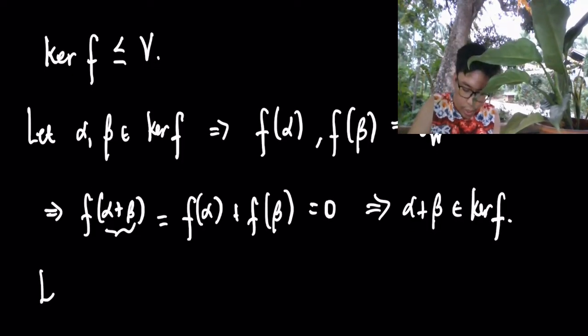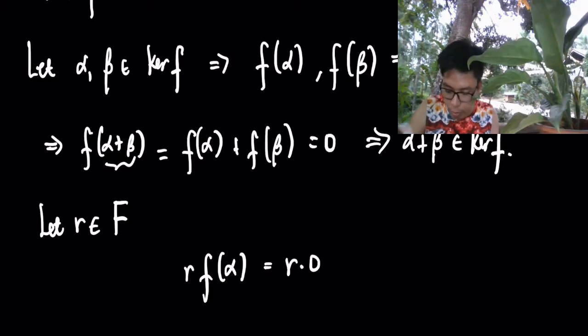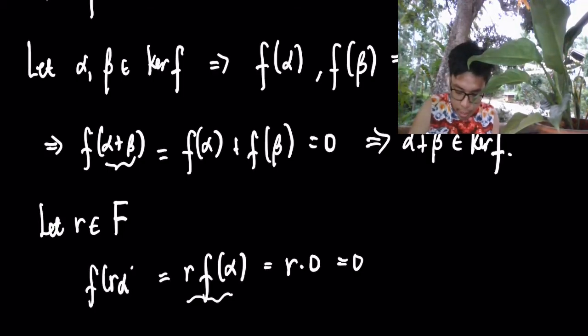Now, let r be an element of the field F. Let us double check r and F of alpha. Technically this is r times 0, because alpha is coming from the kernel of F, and so F of alpha is 0. But F is a linear transformation, so I can equate this to F of r alpha.